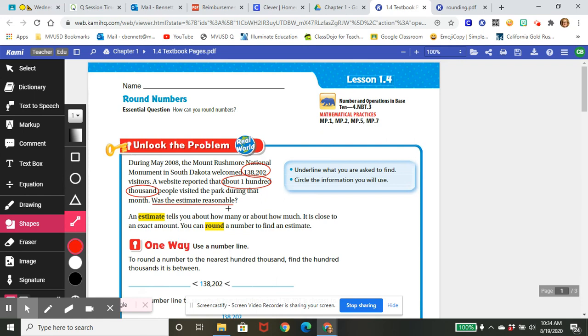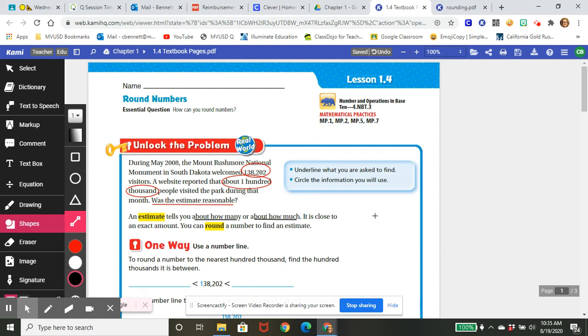Well, what's an estimate? An estimate tells you about how many or about how much. Okay? So let me underline those phrases. When I'm making an estimate, it tells me about how many or about how much. Okay? It's almost there. It's close to the original number, but it's just about there.